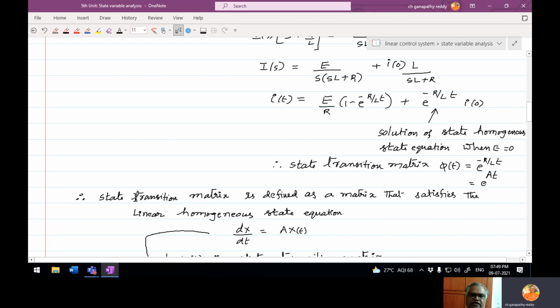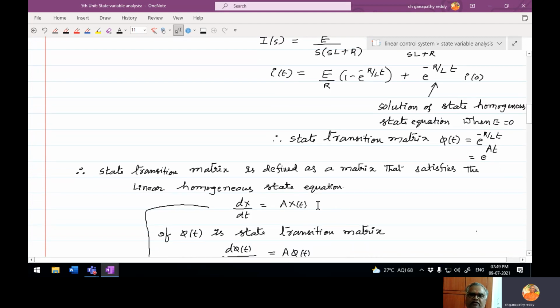So therefore, the state transition matrix is defined as a matrix that satisfies the linear homogeneous state equation. So what is the state equation? dx by dt is equal to A x of t plus B u of t. Na? Input we have to remove. Input not there. So dx by dt equals A x of t.